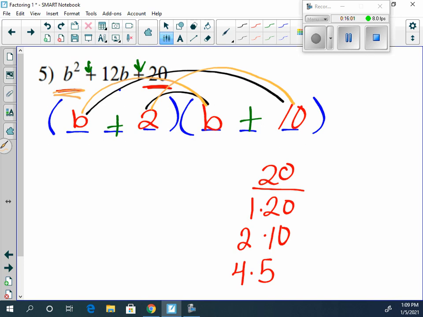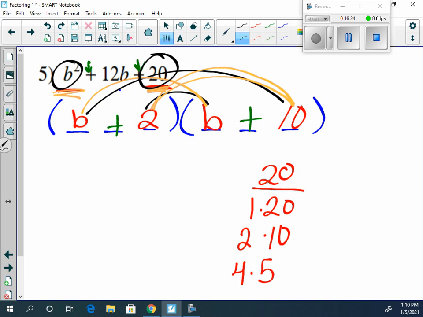Or 2 times 10 would give us 20, because they're the factors of 20. I don't check those because they will give us the first and third term, because they are the factors of the first and third term. So we don't check those. We check the ones in the middle.